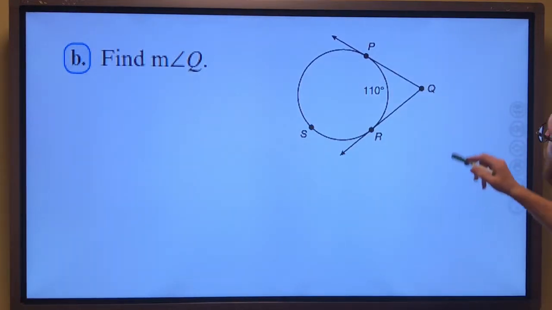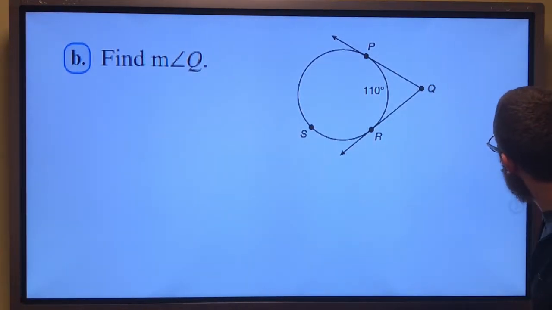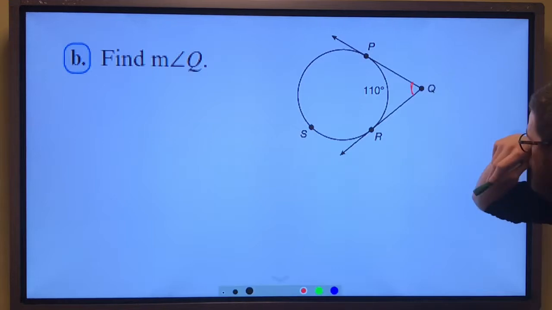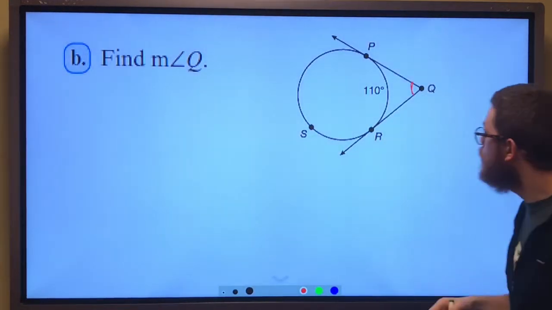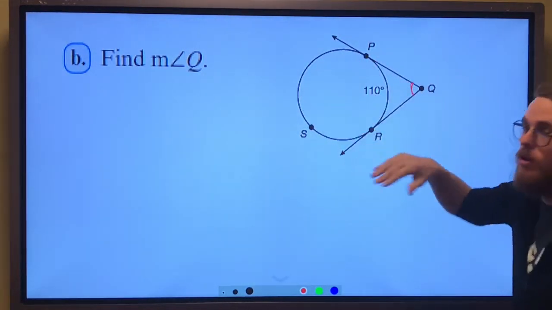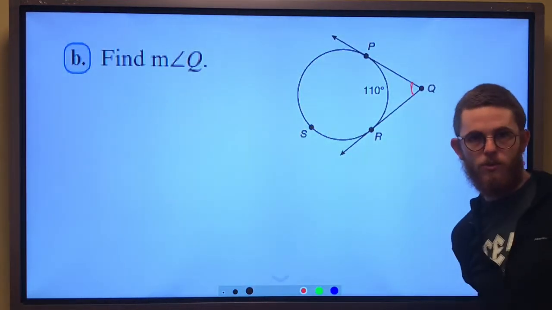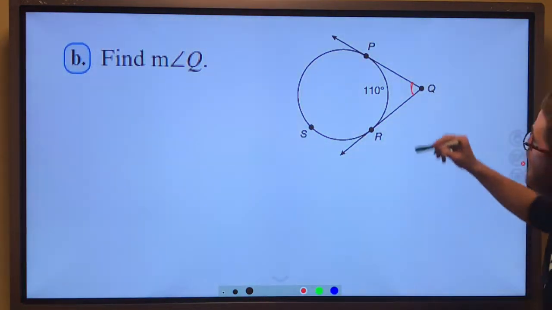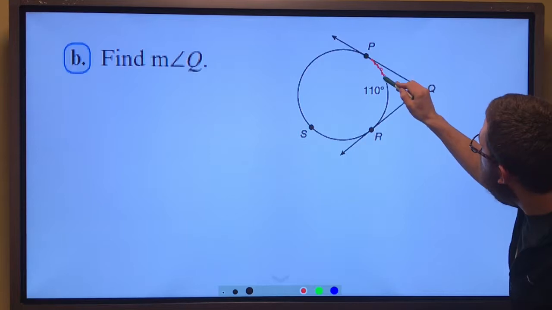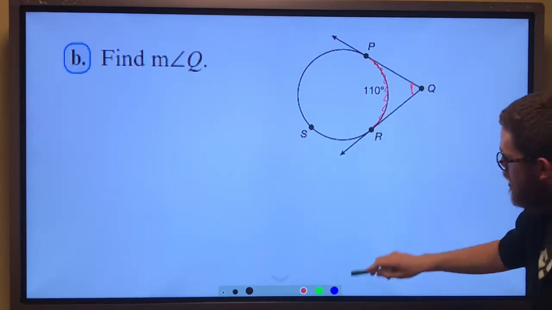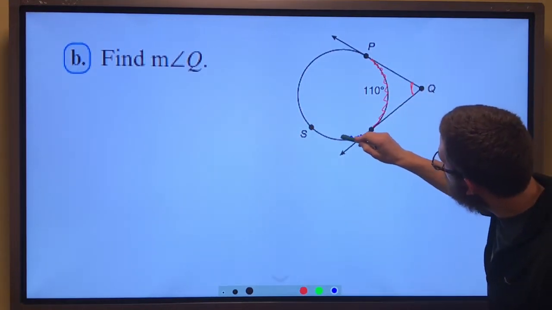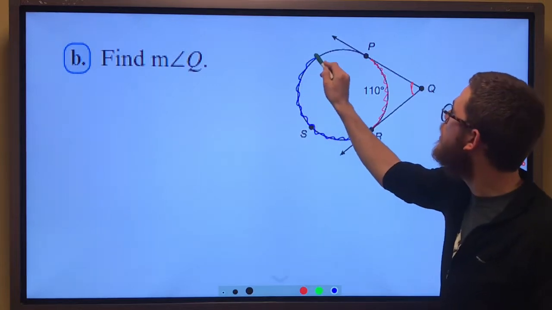We want to find the measure of angle Q. There's angle Q right there. We know the measure of angle Q is going to be half of the difference of the two arcs that it creates. Now, it creates this arc that's 110 degrees, and it creates this arc, which is the rest of the circle.